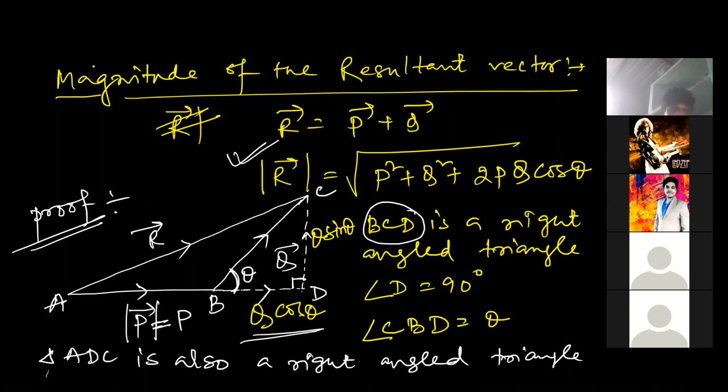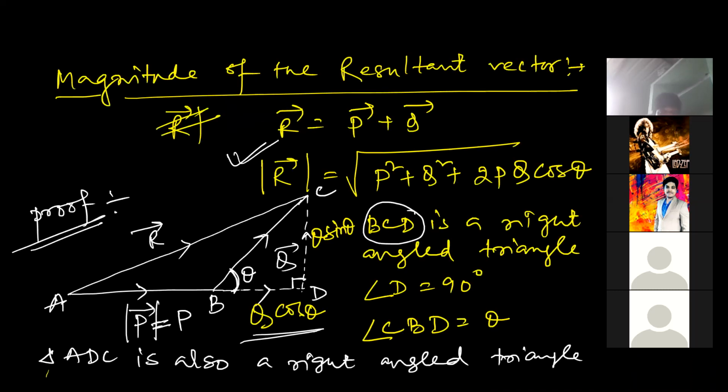So I can say in triangle ADC, AD is equal to how much? AD is equal to P plus Q cos theta. Just see the figure and say AD equals P plus Q cos theta. Can I say? Both of the components I have added only.